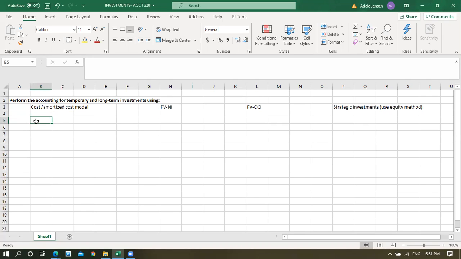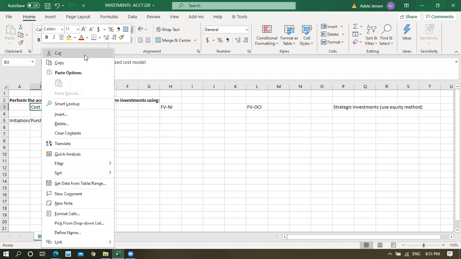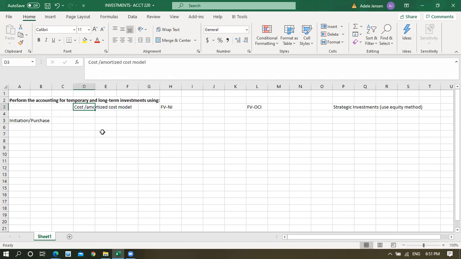Okay, so the cost, the amortized cost model. At initiation of the investment, or purchase is probably a better word, for the cost amortized cost model, the purchase price is going to be the investment at fair value.